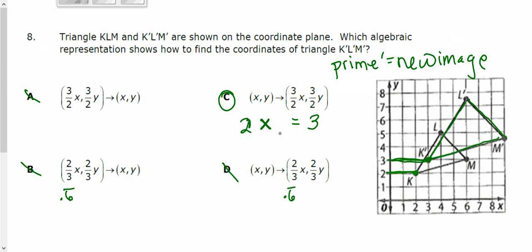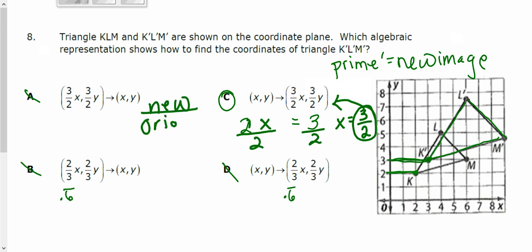So 2 times the number is giving me 3, so I'm going to divide by 2 to work backwards. So I know that something I'm multiplying by is 3/2. We've also talked about that as doing my new over original for scale factor. My new is 3, my original is 2. New is 3, original was 2. 3 over 2 gives me my scale factor.